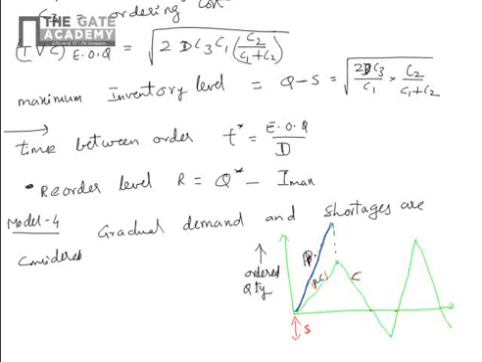P is the rate of production. C is the rate of consumption.